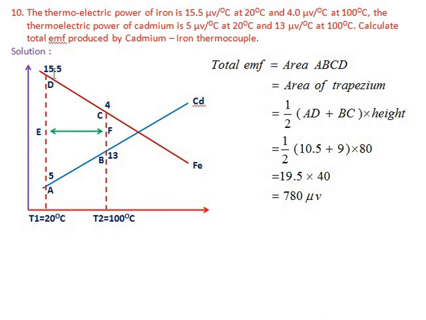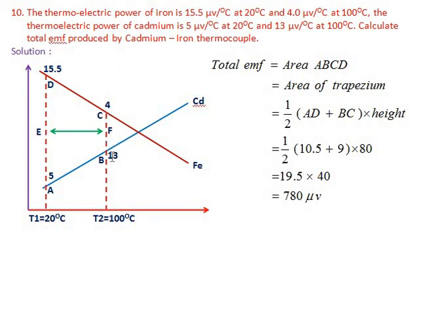AD. Dear students, from this point, that is from the x-axis point, it is 15.5. So therefore AD can be found by 15.5 minus 5. Then only we get AD, that it is equal to 10.5. Now BC. So we have to find BC here. So BC is equal to 13 minus 4.